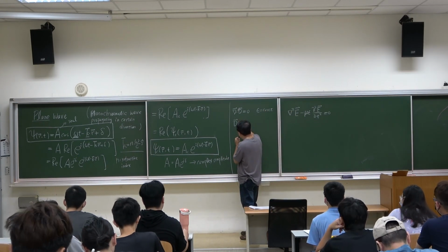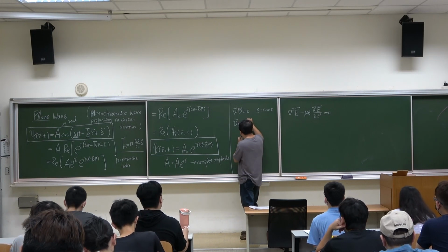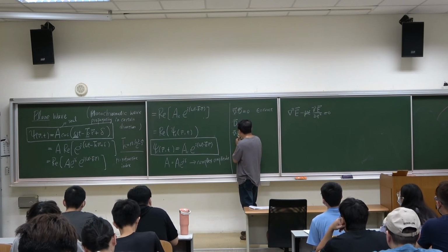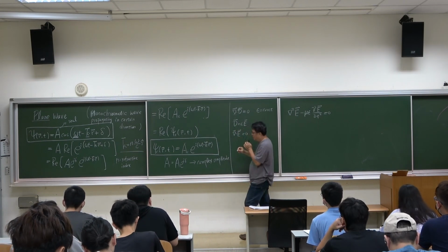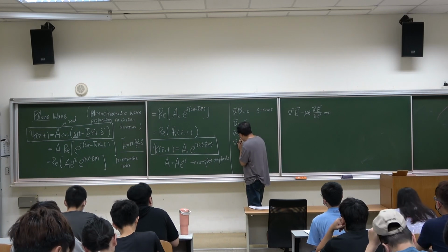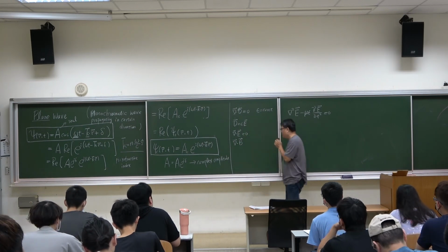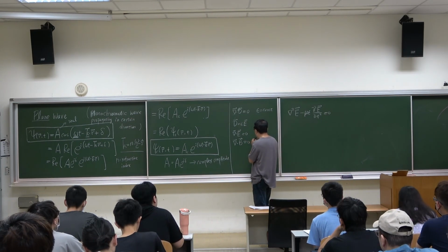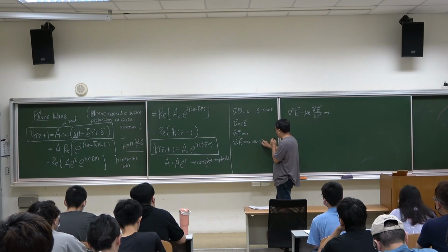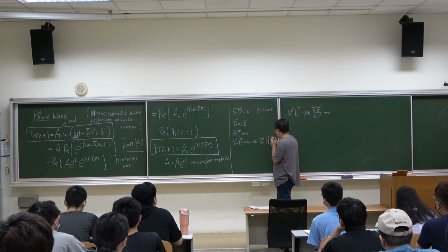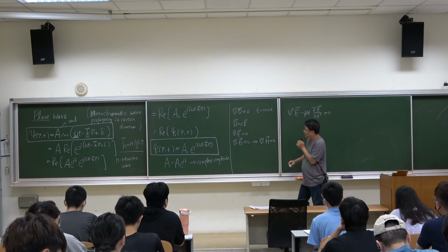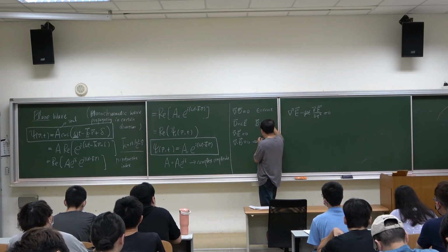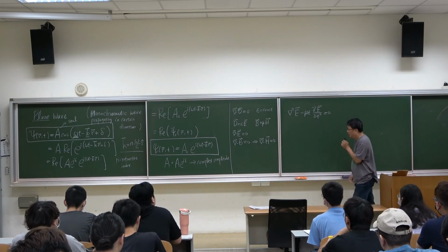Since D is equal to epsilon times E, we can find that divergence E is equal to 0. And the second Maxwell equation, divergence B is equal to 0, can also give us divergence H equal to 0, because B is mu times H. Here mu is the permeability.